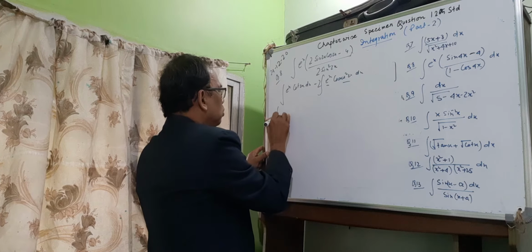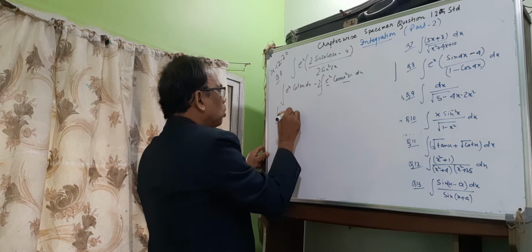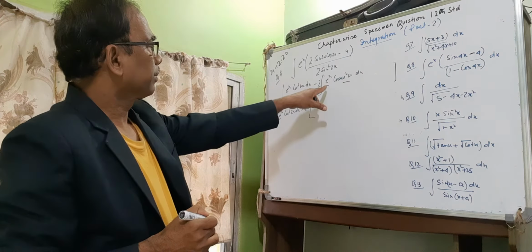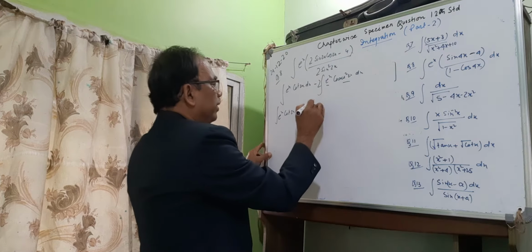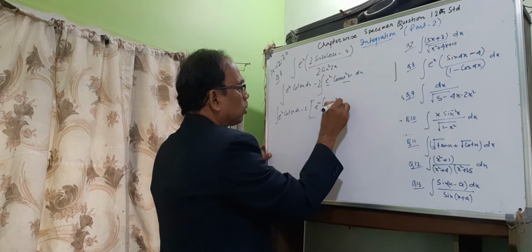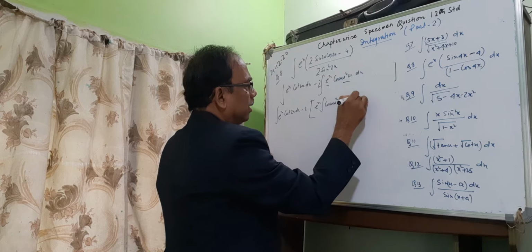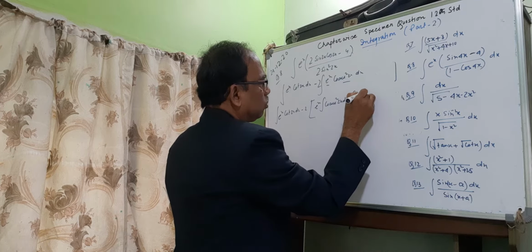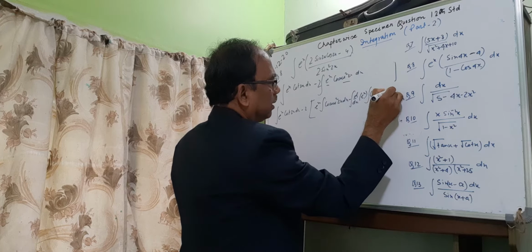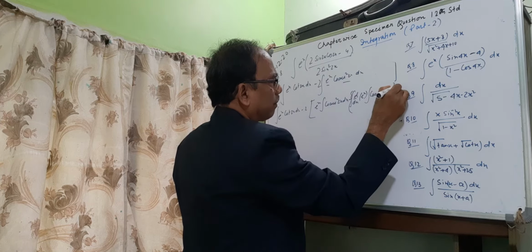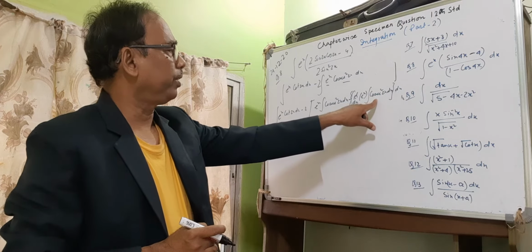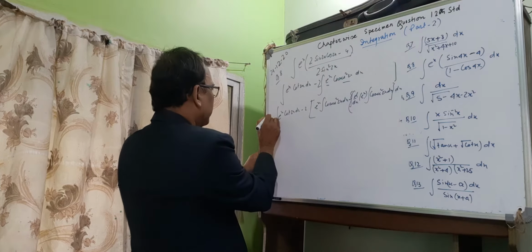Keep it, e to the power x cot 2x dx minus 2, integration by parts, e to the power x is u, cosec square 2x is v. Integration by parts: u integration v dx minus d/dx of u, times integration v dx, all over dx.